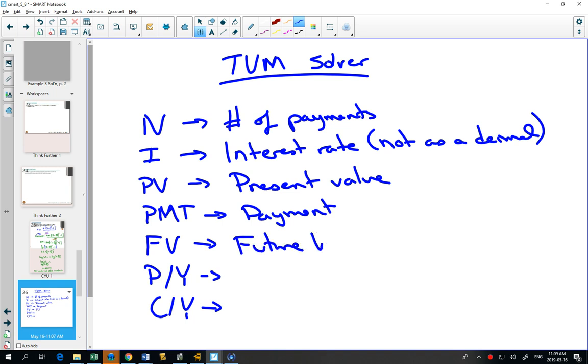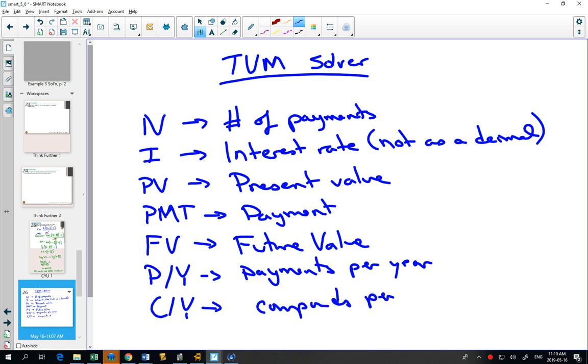FV stands for future value. Payments per year and compounds per year. So number of payments, interest rate, not as a decimal, present value, your payment, future value, payments per year, and compounds per year.